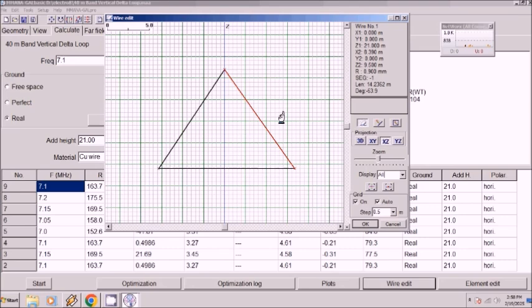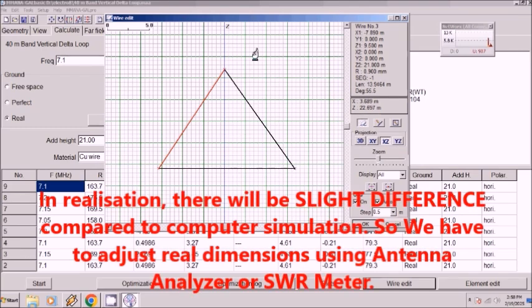Wire number 1, the length is 14.2 meters. In realization, you cut wire to 14.2 for wire number 1, wire number 2, wire number 3, etc. And you hang the delta loop at the tower. You have to check again with the antenna analyzer about the impedance here at the feed point.